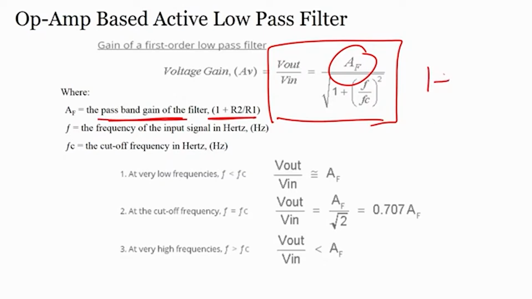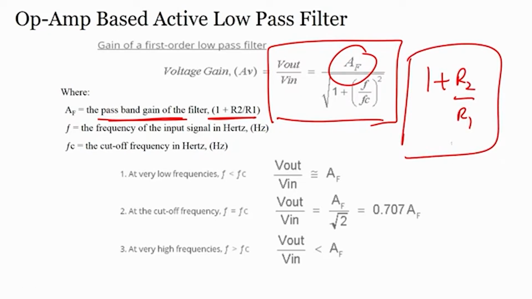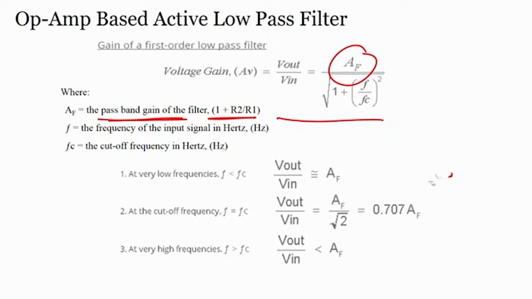Why 1 plus R2 by R1? Why is the passband gain given by this particular formula? Because we are using a non-inverting amplifier, right. We are using a non-inverting amplifier, that is why this is the formula. So, that is why we have given AF equals 1 plus R2 by R1. Okay, excellent.